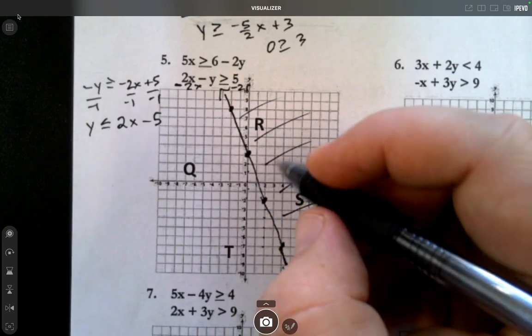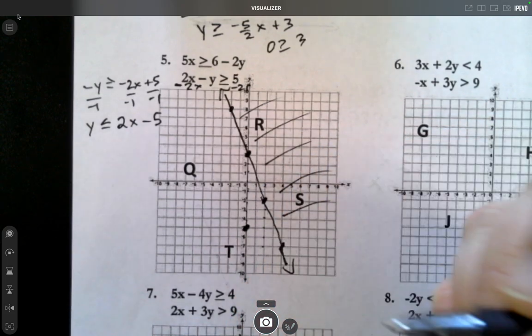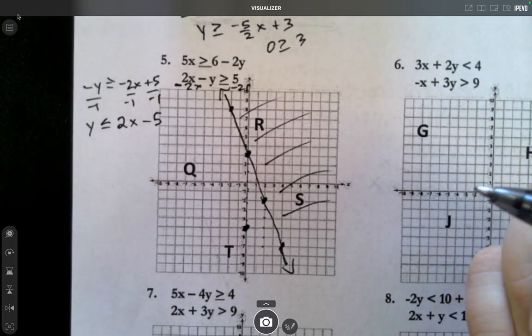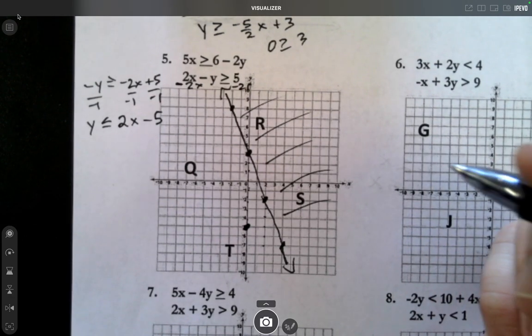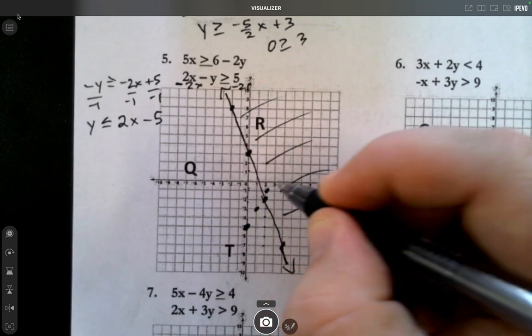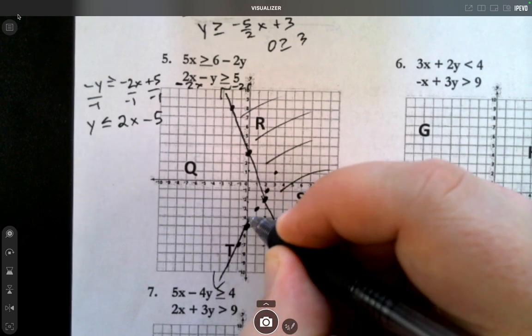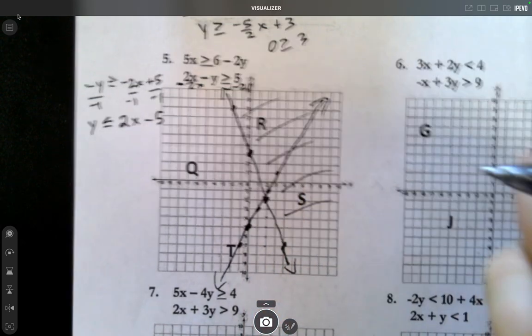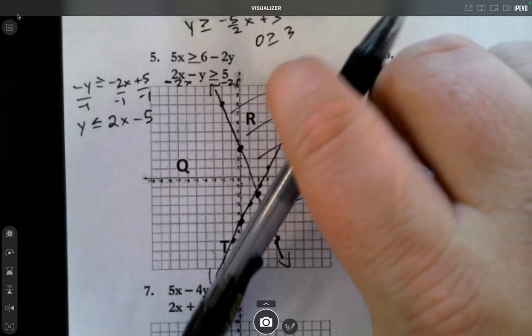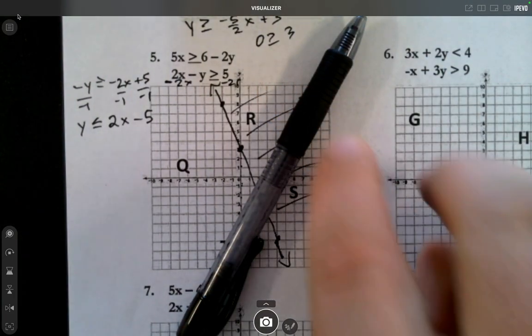The y-intercept is negative 5. 1, 2, 3, 4, 5. And our slope is 2, so we go up 2 over 1, up 2 over 1. Keep going that direction. Draw a solid line through it. So we're looking at this line this time, and we'll try plugging in 0, 0.